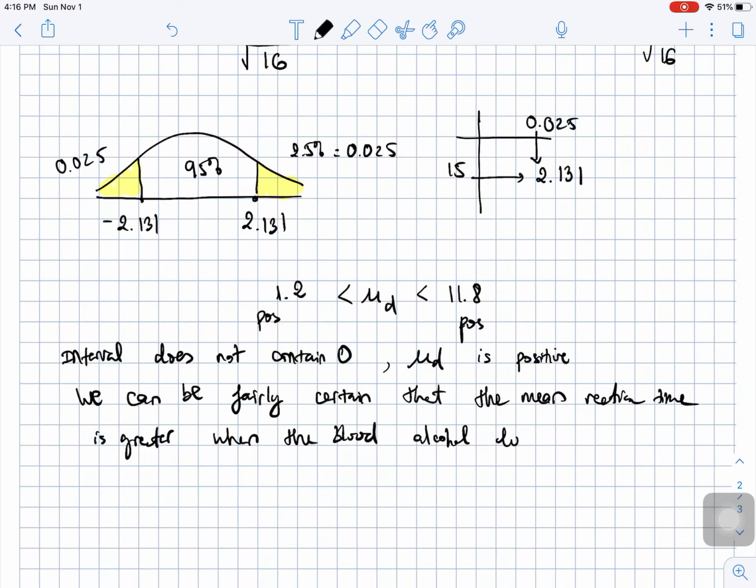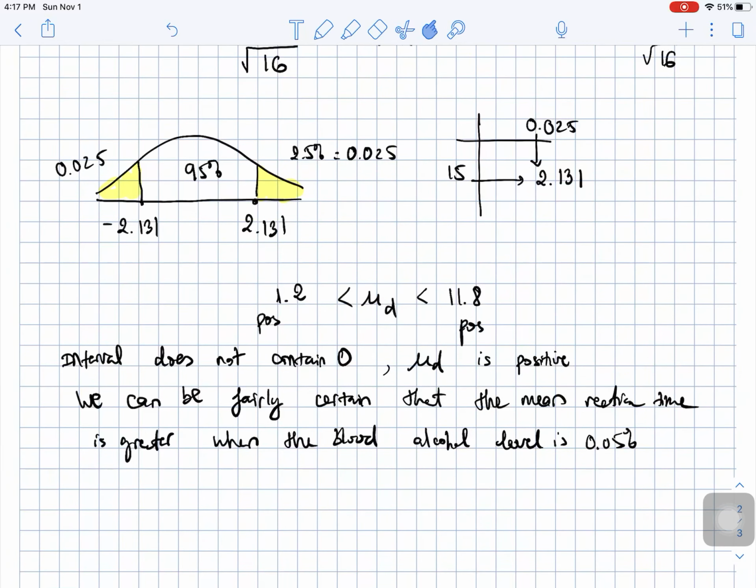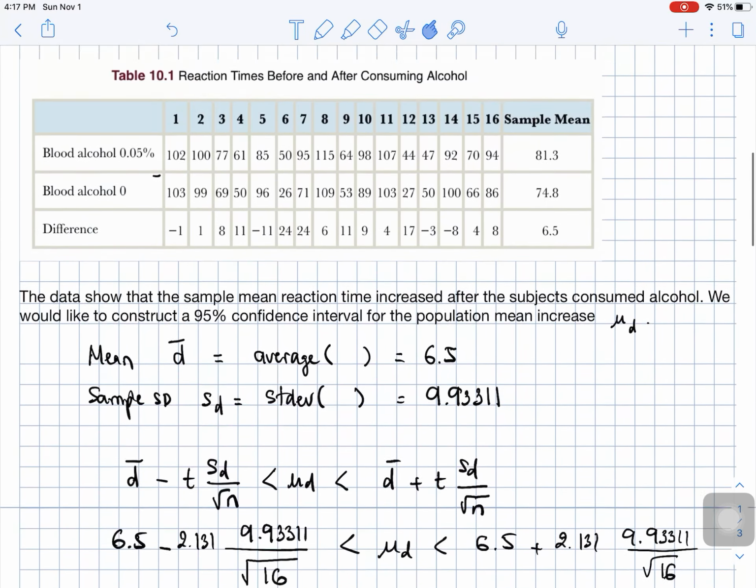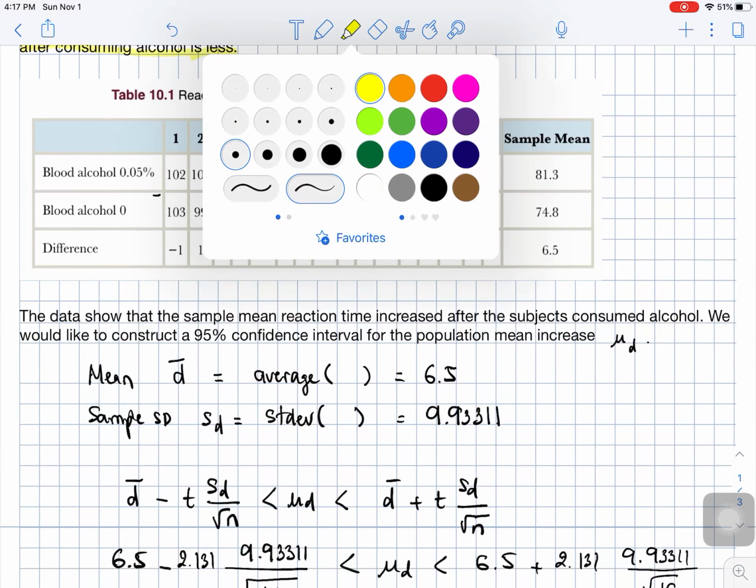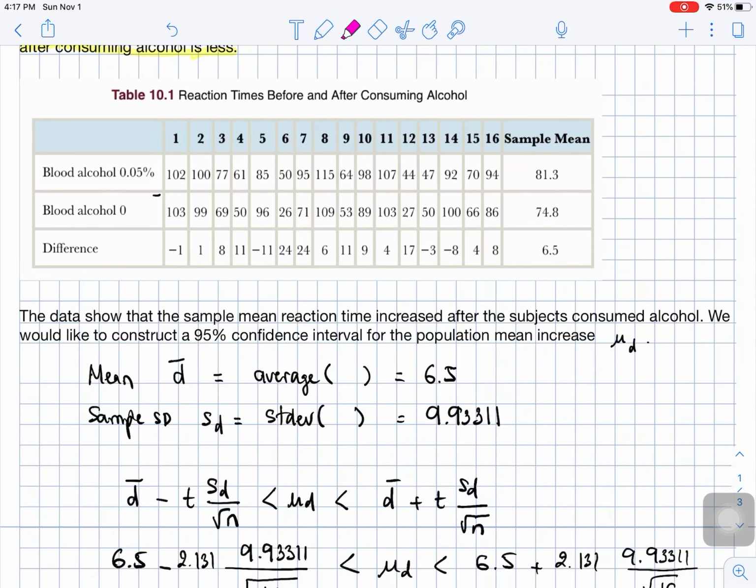When it's positive, then we can be fairly certain that the mean reaction time is greater when the blood alcohol level is 0.05%.